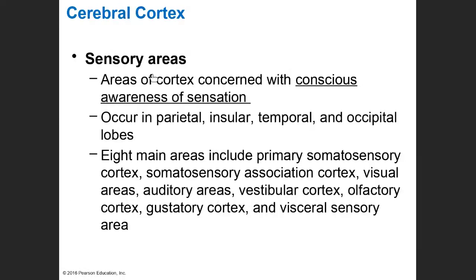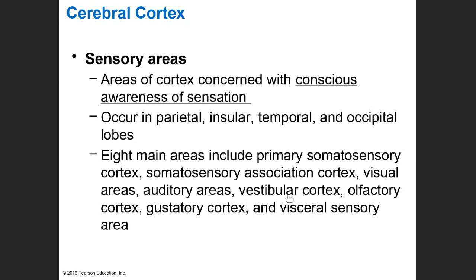Okay, so that's stroke. Now, other areas. Just like motor areas, we do have sensory areas in the cortex, and like I said, these are associated with conscious awareness of sensation. We have sensory areas, but we also have association areas.